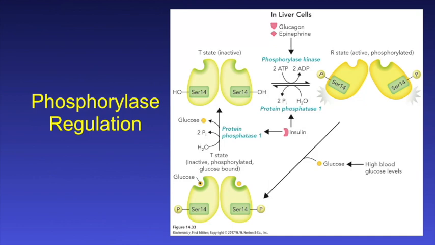Okay, so if I have glucagon and epinephrine, and I get this spot hormonally, what happens if glucose builds up in the cell? Well, if I've got glucagon, I'm not getting glucose from my bloodstream. But if I've got glucagon going on and glucose is high in the cell, that means it's not transferring out fast enough. So glucose has been broken down from the glycogen, and it builds up in the cell.